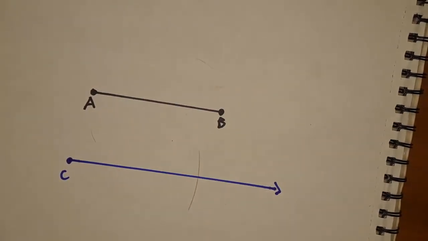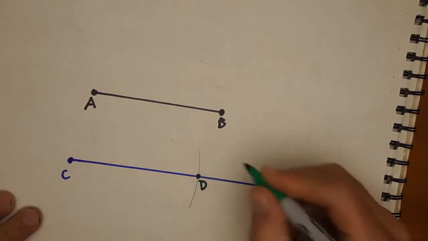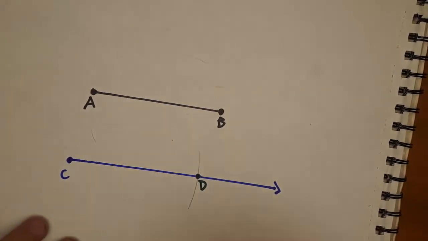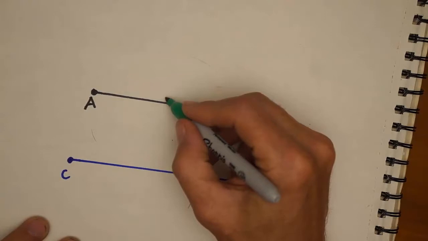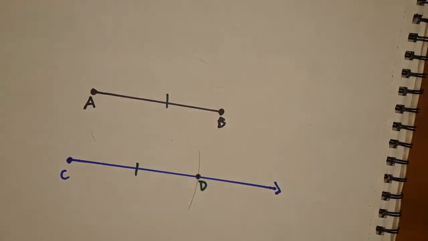Where the arc that you drew intersects the ray, let's call that point D. Now we can say that line segment AB is congruent to line segment CD.